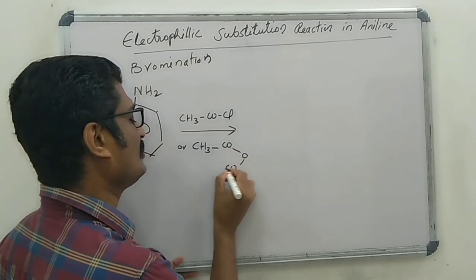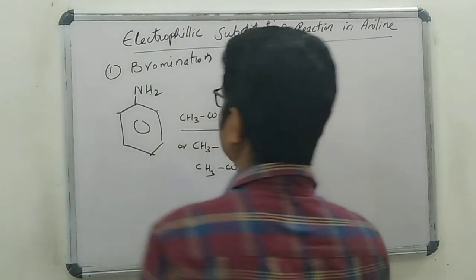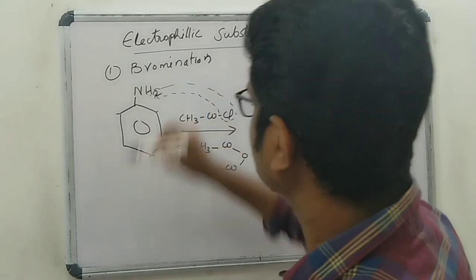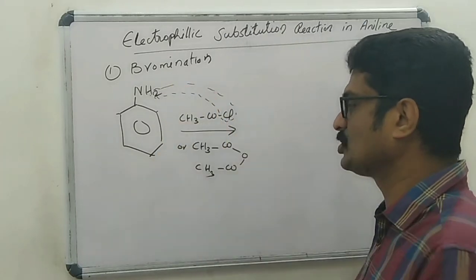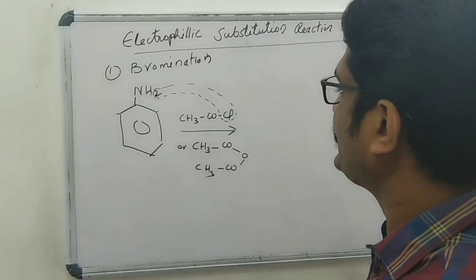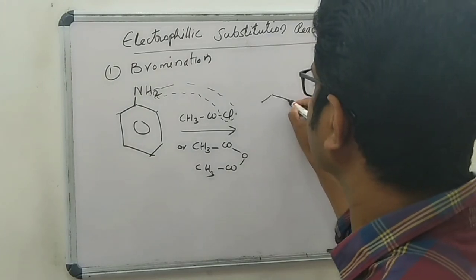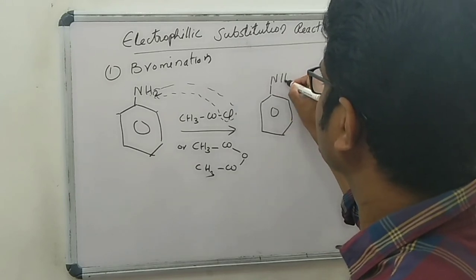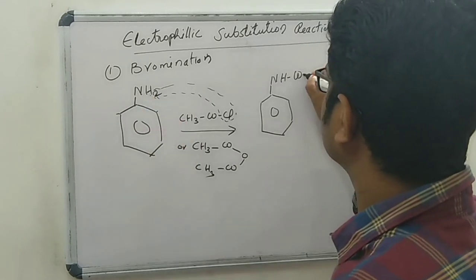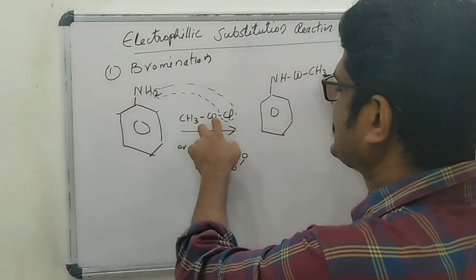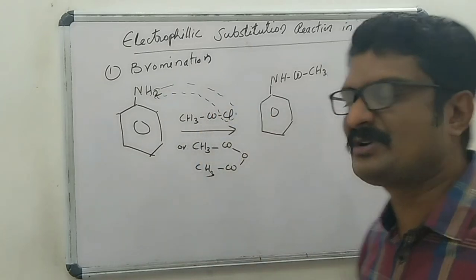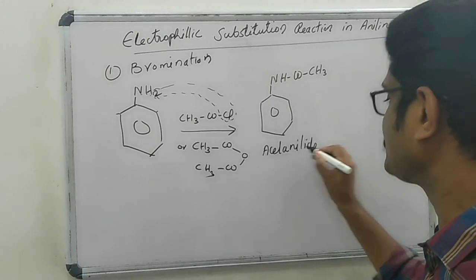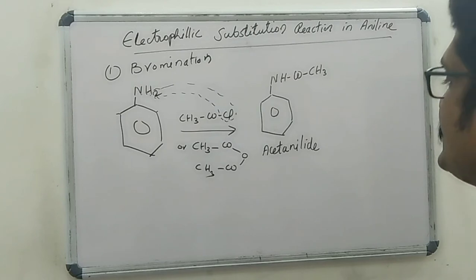Then one hydrogen atom of aniline combines with the chlorine atom of this acetyl chloride, and forms NHCOCH3. This compound is called acetanilide.